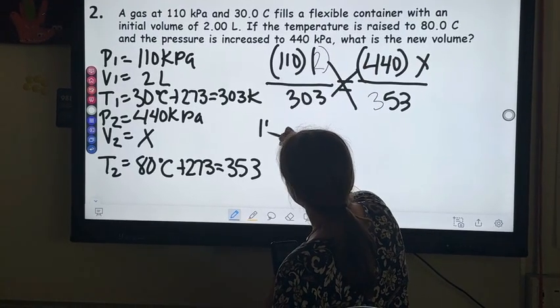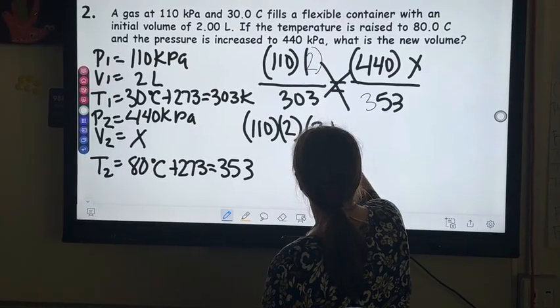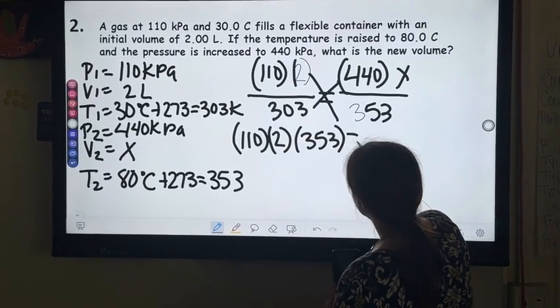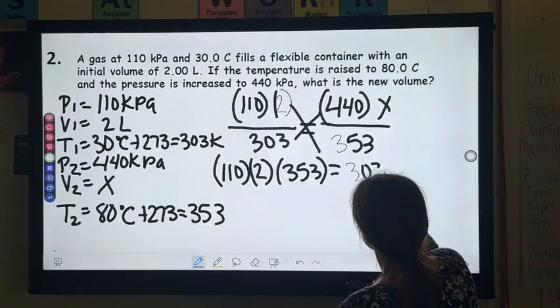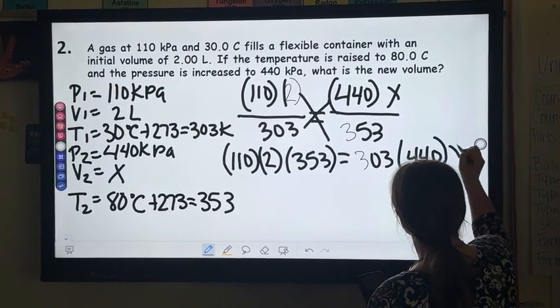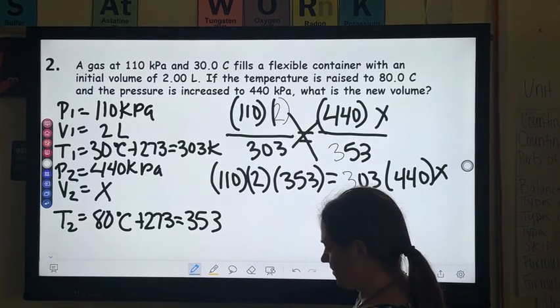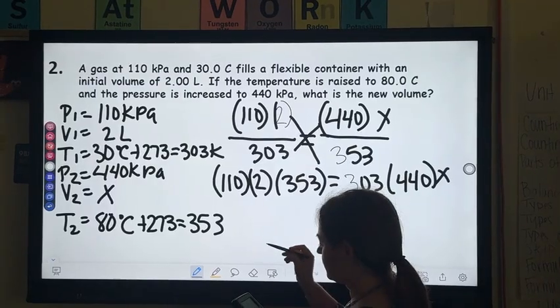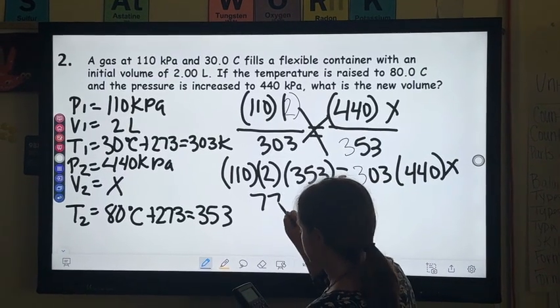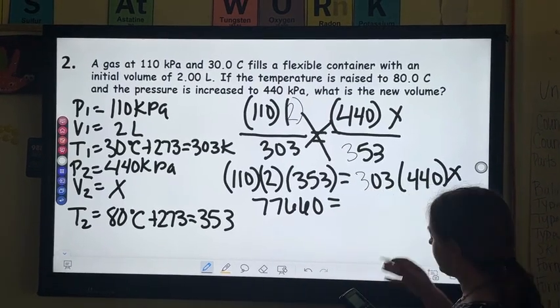So 110 times 2 times 353 is equal to 303 times 440x. So 110 times 2 times 353 is equal to 77,660, which is equal to 303 times 440.